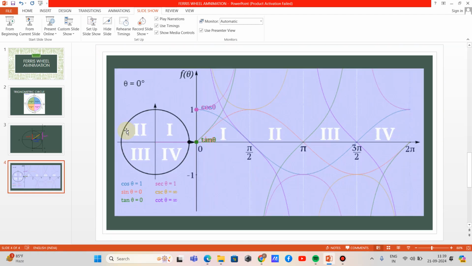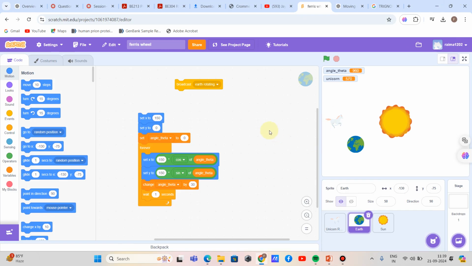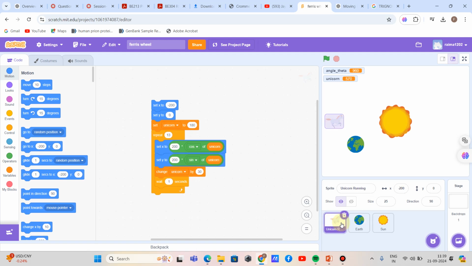So let us head back and see the function's logic. Here, let us see for one revolution what's the code. I fixed the starting position of unicorn at minus 200 comma 0.